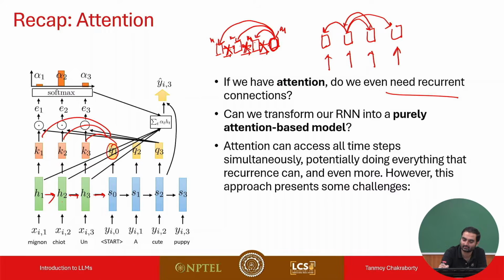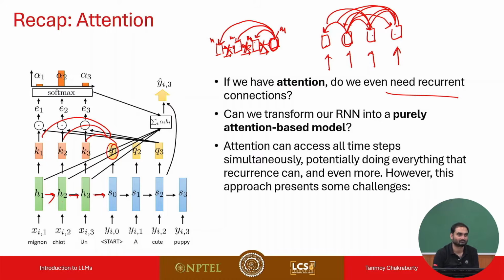This guy can access this, and this. This can have access to this and this. Now each of these operations is independent of the others, right? When you compute the operation for this guy, you can do the same thing for the other guys also. So this is the premise behind the self-attention mechanism.